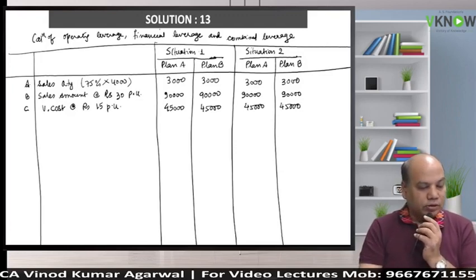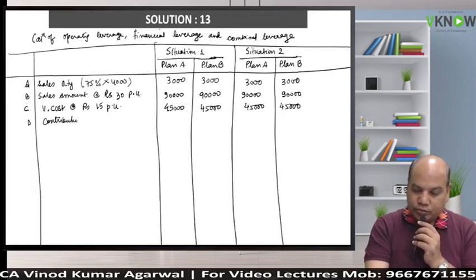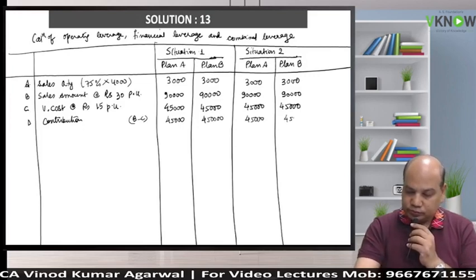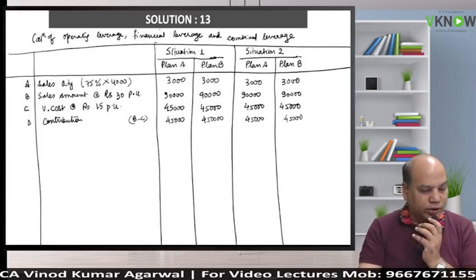Any query till now? No, sir. Point number D. Format is same. Contribution, B minus C. So this will be 45,000 in every column. So far it is right.